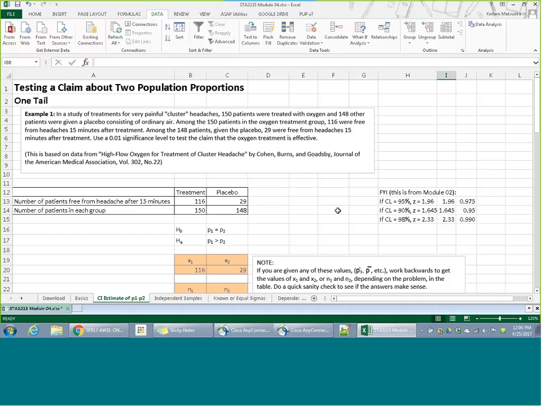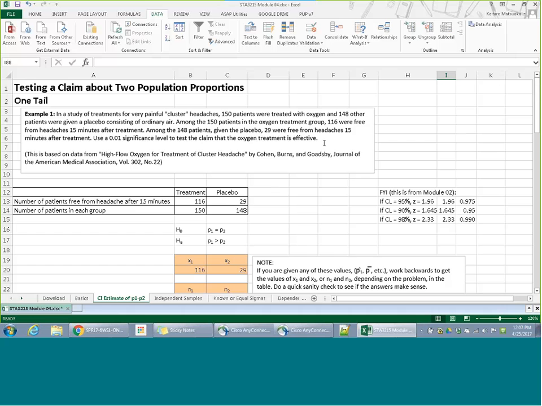Among the 150 patients in the oxygen treatment group, 116 were free from headaches 15 minutes after the treatment. Among the 148 patients given the placebo, 29 were free from the headaches after 15 minutes. Use a 0.01 significance level to test the claim that the oxygen treatment is effective. So the claim is that oxygen will treat the headaches.